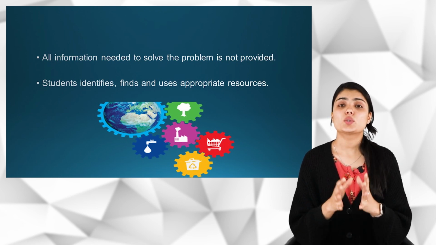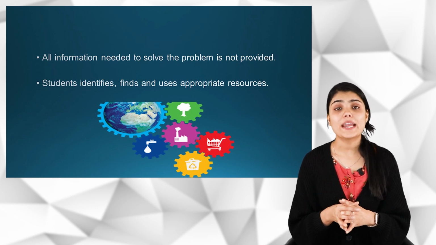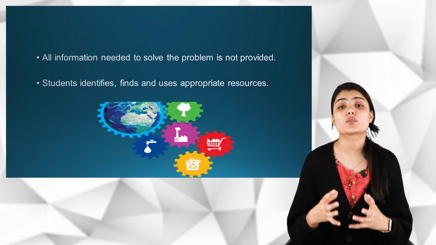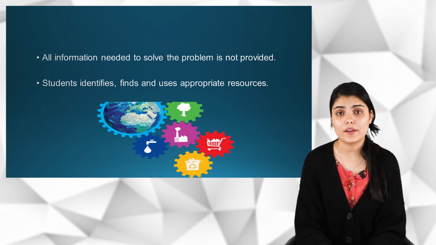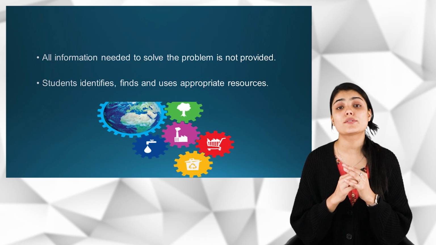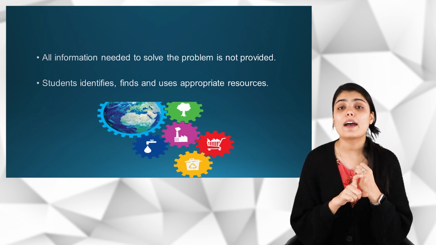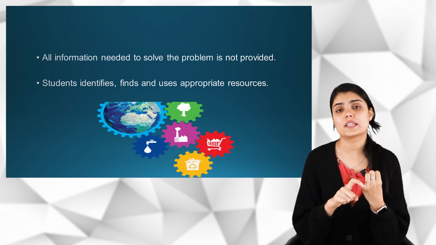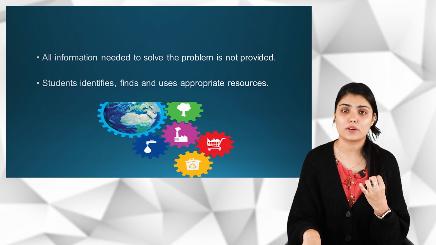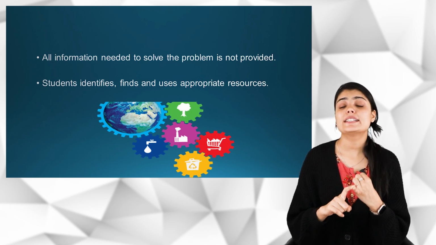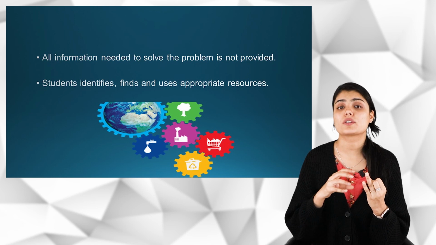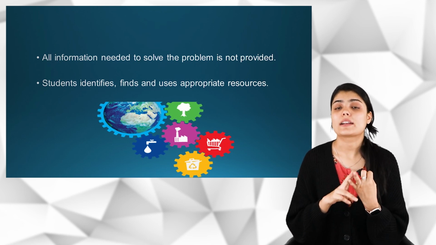The next feature is students identify, find and use the resources that are actually required. So in problem-based learning, the students first have to understand and identify what resources are required in order to solve a particular problem. And then after they have identified, they have to find the resources, the availability of the resources that are required.